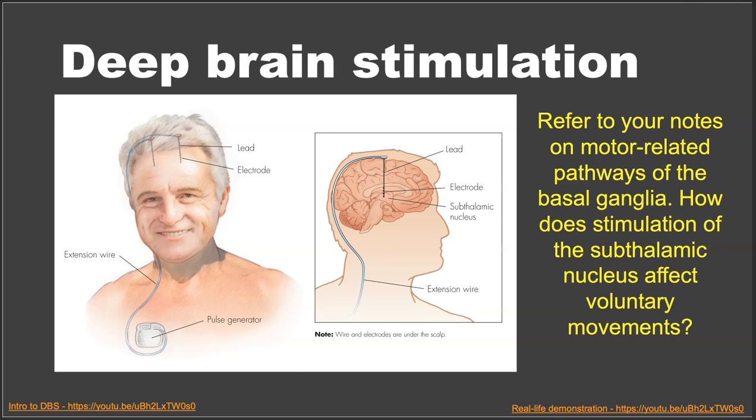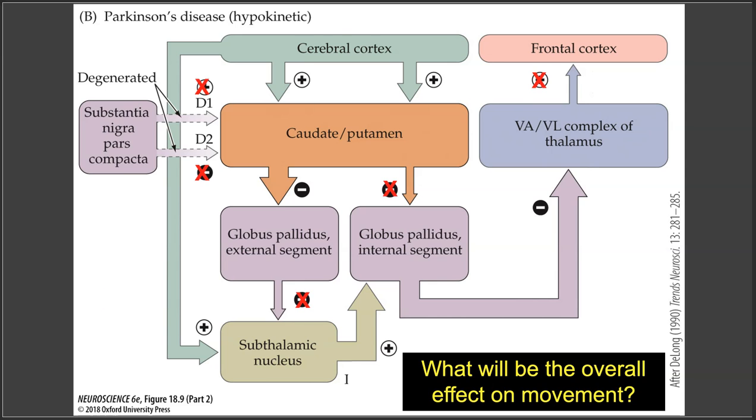We can basically go back to a slide like this. If you were to stimulate the subthalamic nucleus, that is going to activate this globus pallidus, which is going to inhibit the VA/VL complex, and therefore it's going to inhibit activity in the frontal cortex.